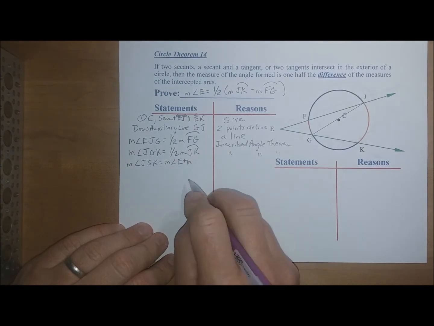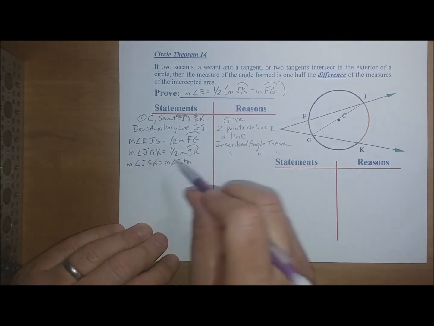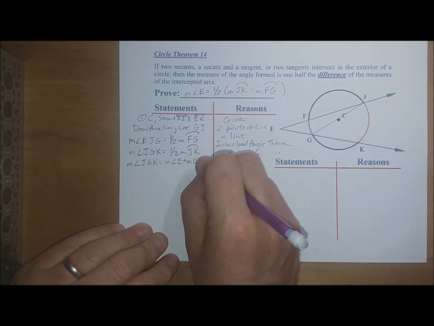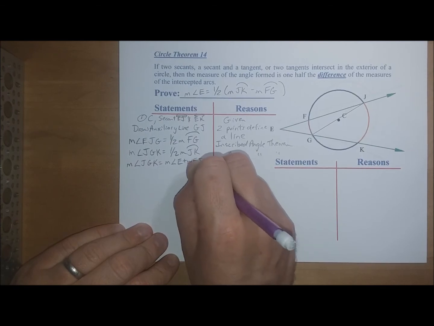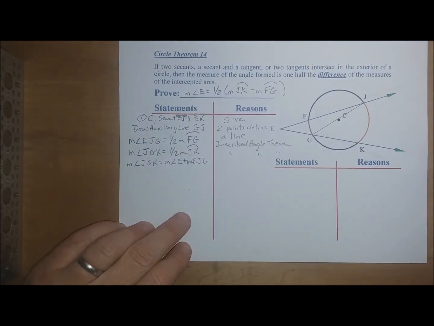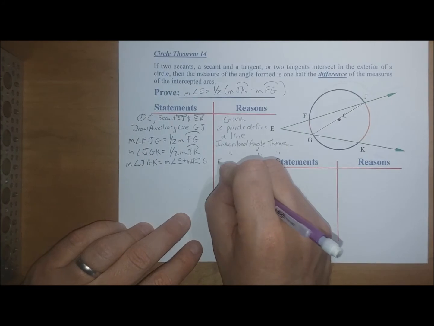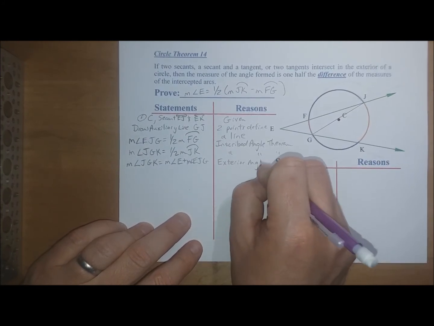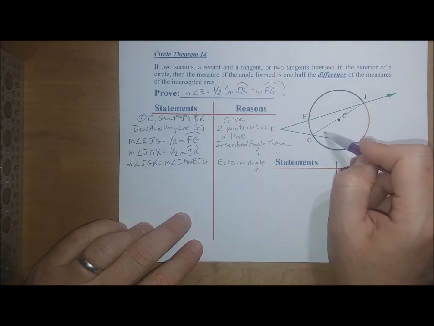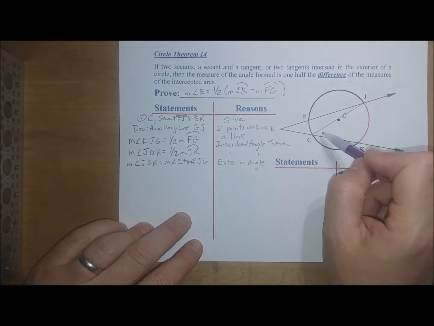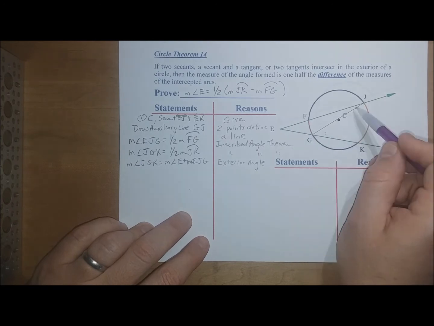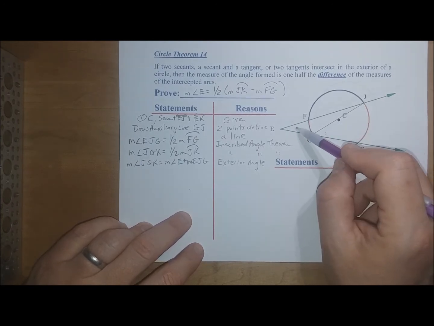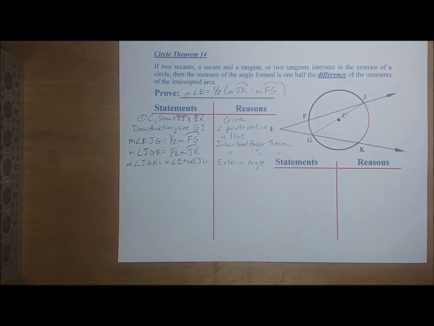Plus the measure of angle, what did we call that guy? EJG. Okay. How do we know that? That's our exterior angle theorem. If you just want to write exterior angle. This guy is an exterior angle to this triangle, so he's always going to equal the sum of the two remote interior angles. And there they are. Those are the two remote interior angles.